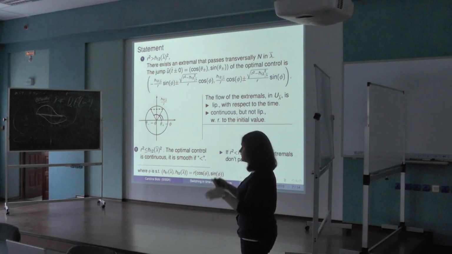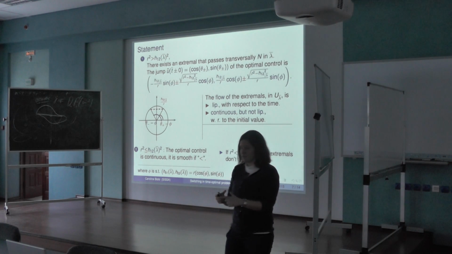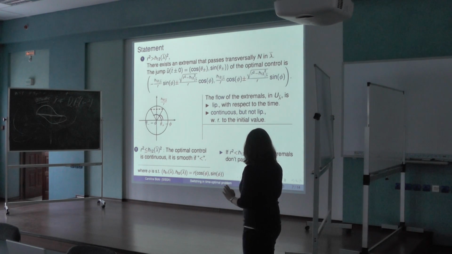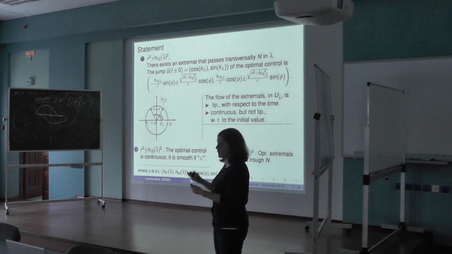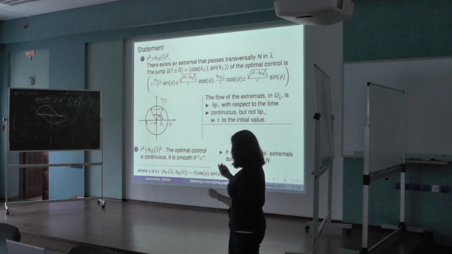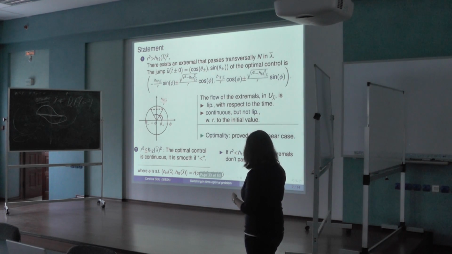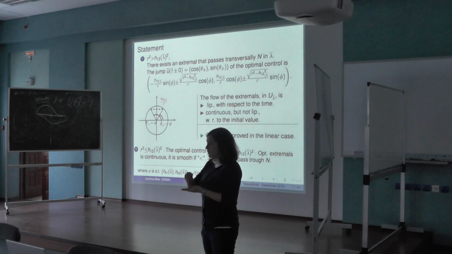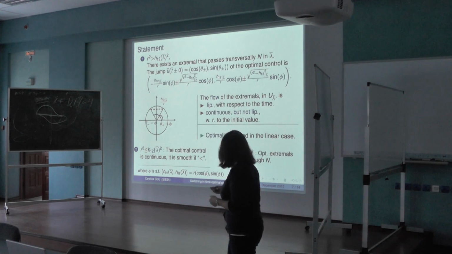So we know that if we have an optimal trajectory in this neighborhood that has a switching, the switching must be like this. But we don't know that the projection of the extremals that we have found is exactly optimal. We can prove optimality only in the linear case, in which we have the uniqueness of the optimal trajectory.